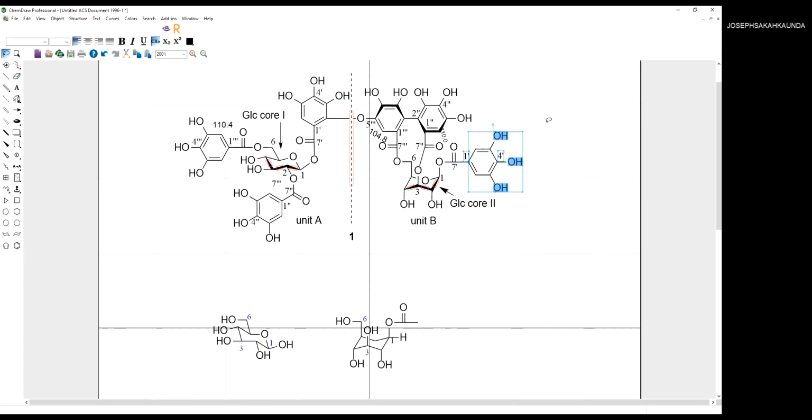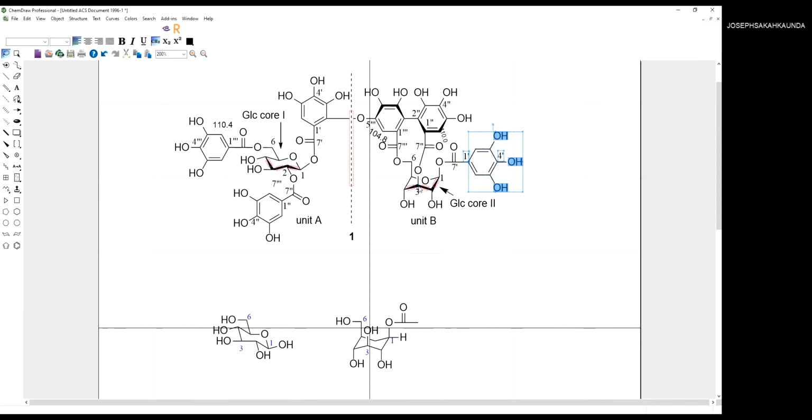Then you move forward. You check again, following each and every glucose unit, the chemical shifts. And you will find that the values of these carbons will be larger compared to glucose which has not been esterified by the galloyl groups and the HHDP.